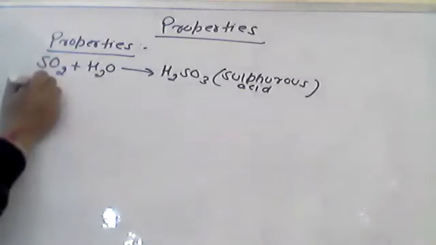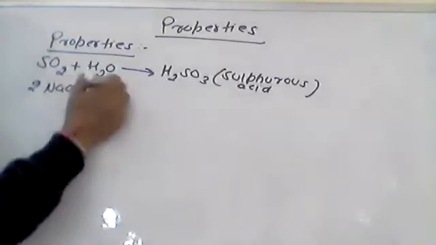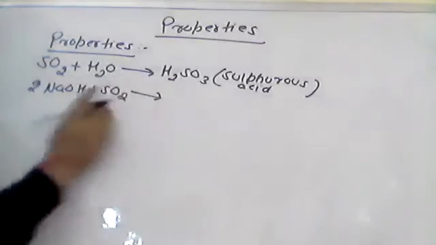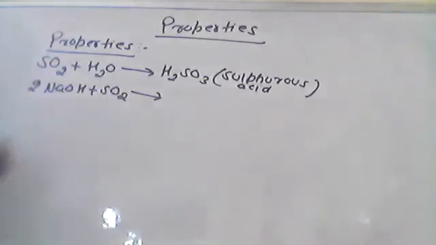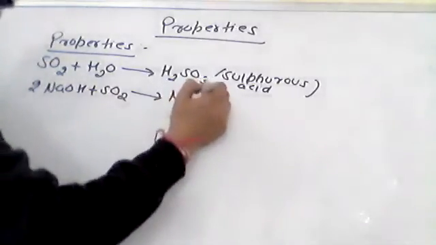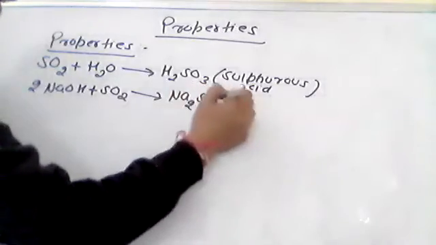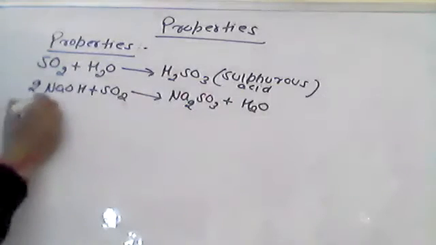If it is acidic in nature, it means that if I react sulfur dioxide with a base, then I will get a salt. The salt is sodium sulfite, Na2SO3, plus H2O.